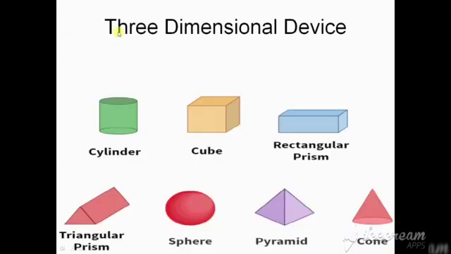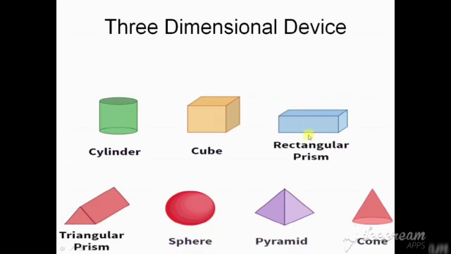Now what are the three-dimensional devices? Let's see. Any object having three dimensions such as the length, width and height, that is called thickness, is called a three-dimensional object.